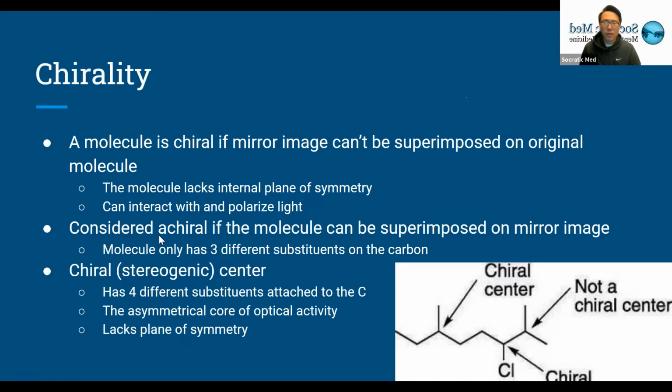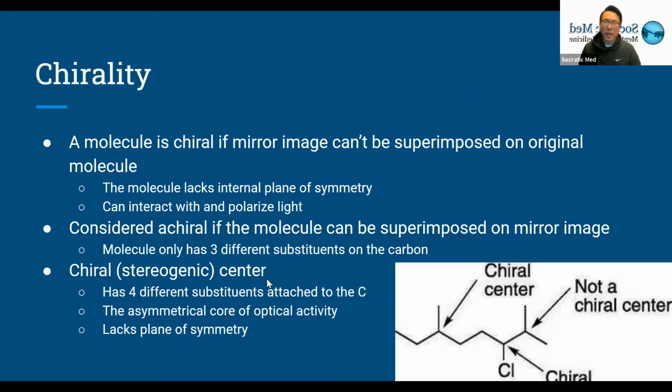So if a molecule only has 3 different substituents on a carbon, then the carbon is considered not a stereogenic center. So a stereogenic center, otherwise known as a chiral center, is a carbon that has 4 different substituents attached to it.